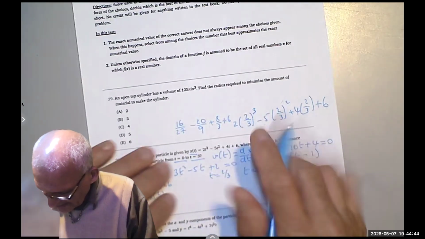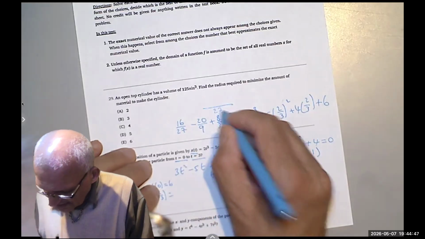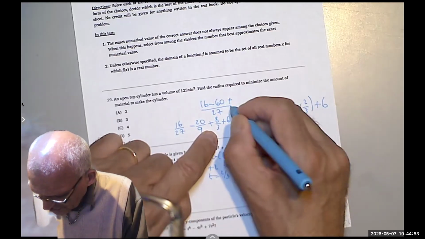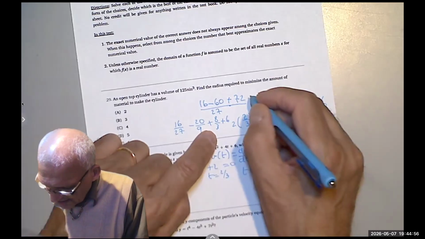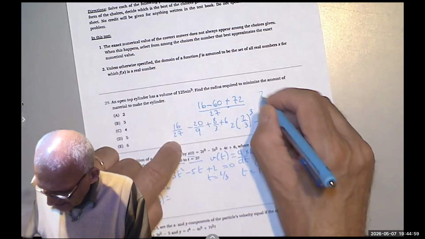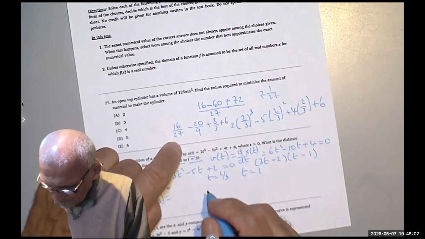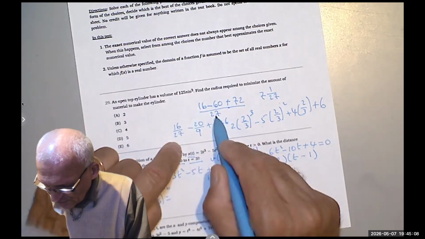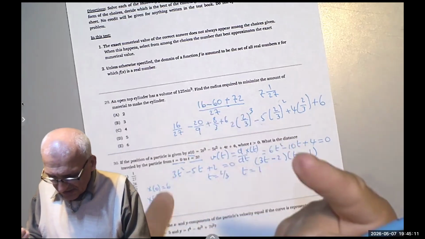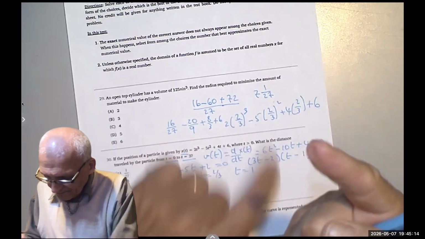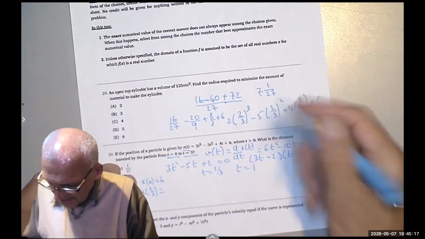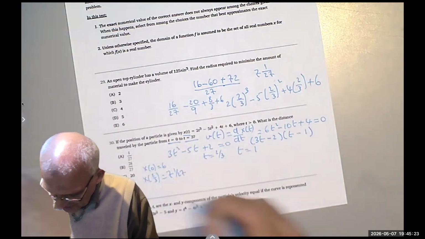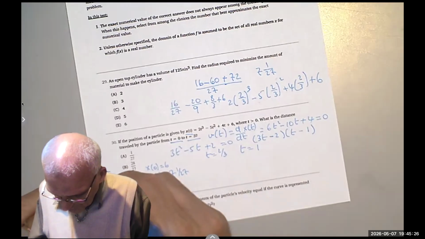Keep the 6 by itself, and over 27, I get 16 minus 60 plus 72. 72 minus 60 is 12, plus 16 is 28. 28 over 27 is 1 and 1 over 27, which I added to the 6, because I have to add 6 at the end. So this is 7 and 1 over 27. So the distance so far is 1 and 1 over 27.